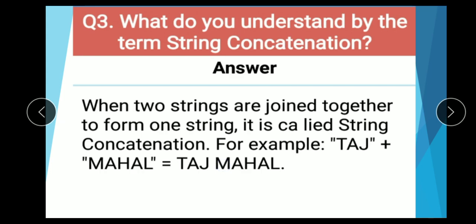For example, Taj plus Mahal: when we concatenate the two texts, we get Taj Mahal. Means in a simple way, string concatenation means joining two strings to form one string. Here, Taj is one string, Mahal is the second string. Then with string concatenation, we find one string, Taj Mahal.